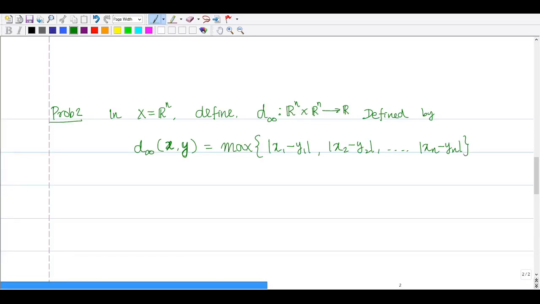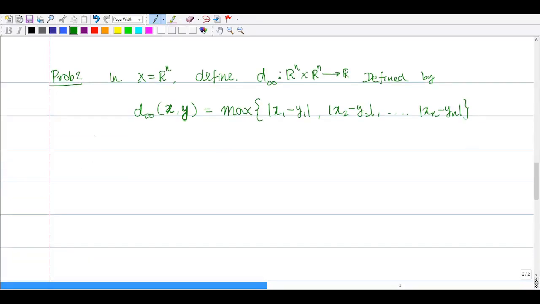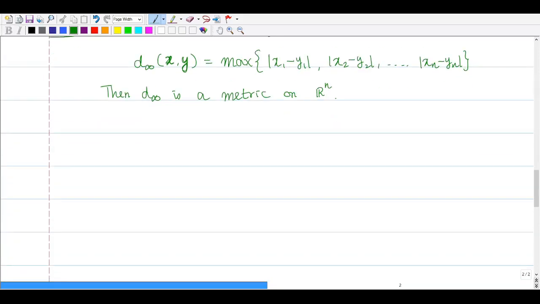Okay, so then d infinity is a metric on R power n, let us prove that. Okay, so how do we prove this? Solution.